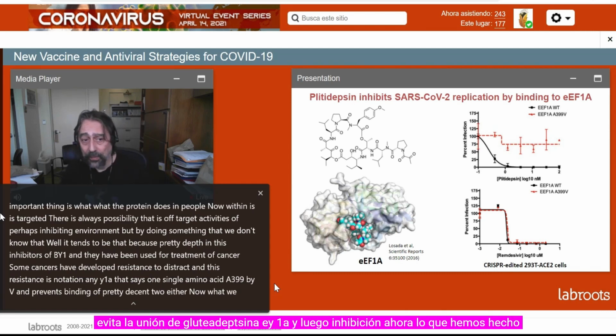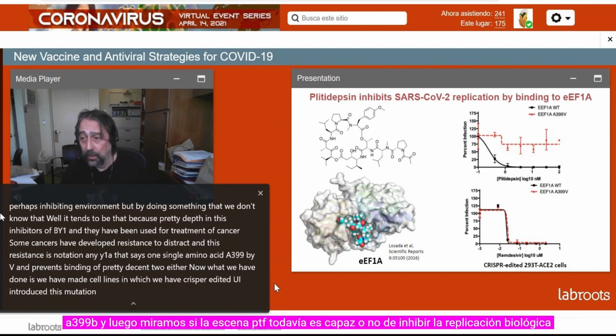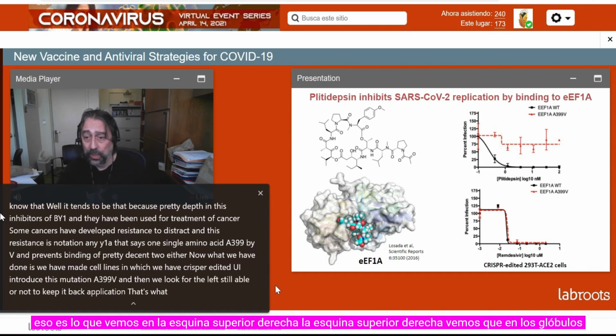Now, what we have done is we have made a cell line in which we have CRISPR-edited EEF1A to introduce this mutation, A399V. And then we look whether plitidepsin is still able or not to inhibit viral replication. That's what we see in the upper right corner.